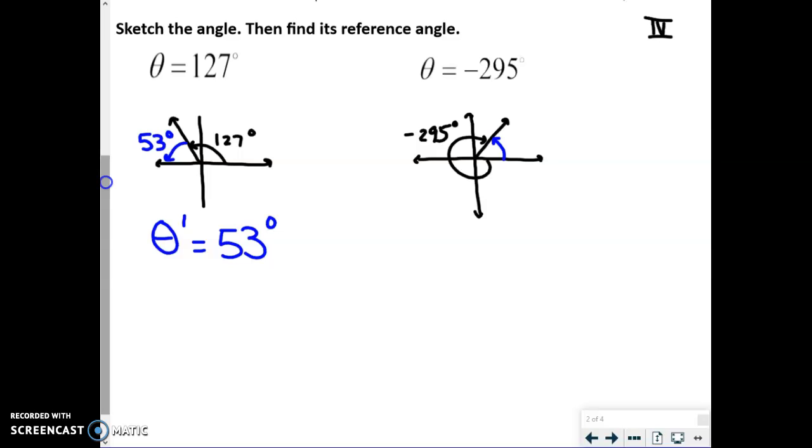And in this case, the answer would be 65 degrees. If you think about it in terms of the absolute value of it, 360 degrees, whether positive or negative, to go full circle is what you need. So 295 plus what would give you that 360? The answer is 65. So in this case, our reference angle would be 65 degrees. Okay?